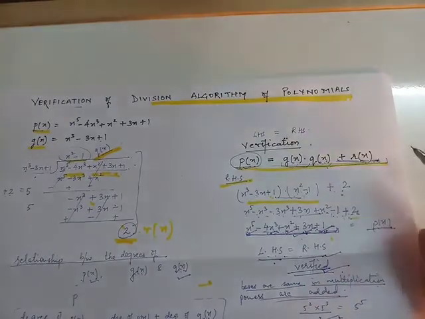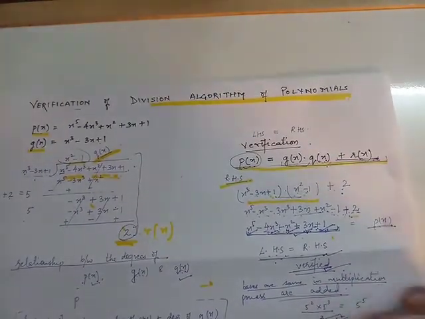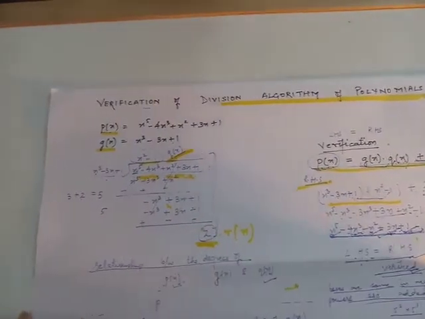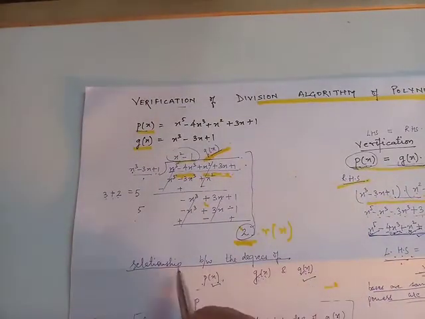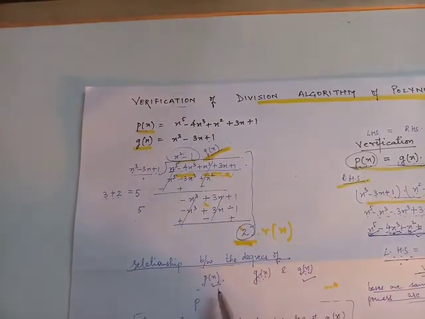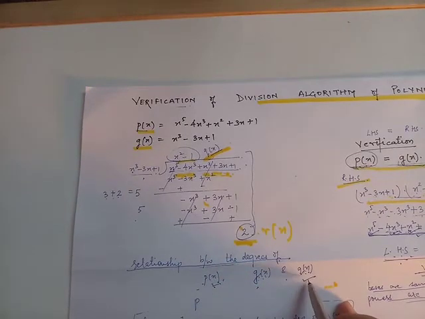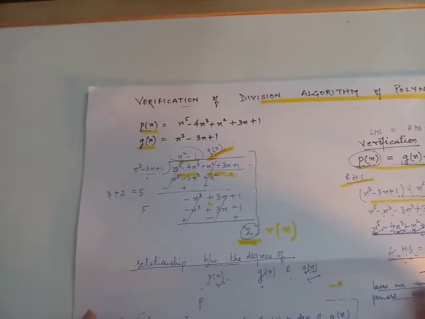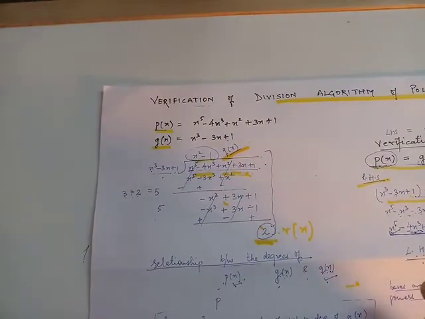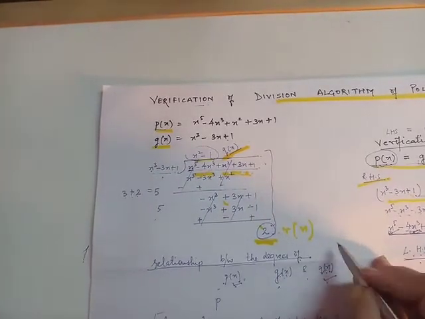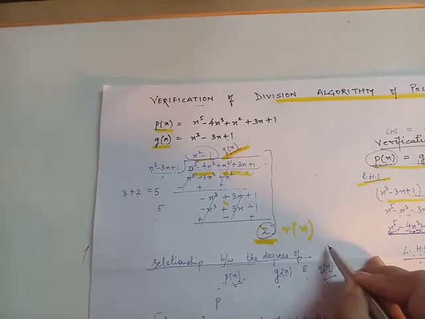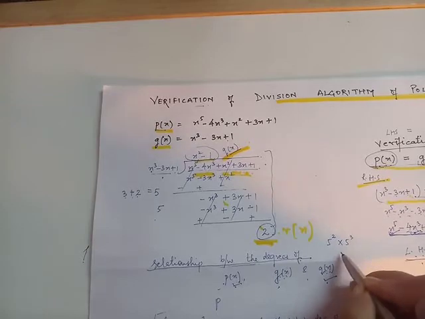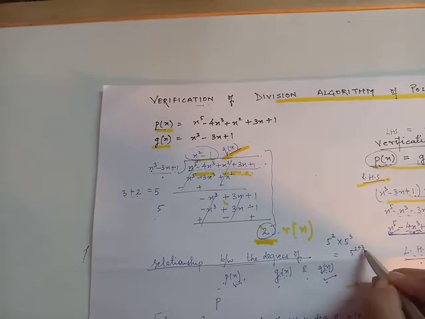Similarly, you can have more questions and you can verify on your own as well. Now, one more thing I wanted to cover with this concept is the relationship between the degrees of p(x), g(x) and q(x). If you recall, in our previous classes you studied that in multiplication, for example 5² × 5³, we simply write it as 5^(2+3).